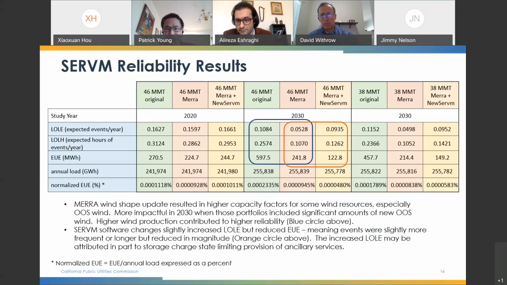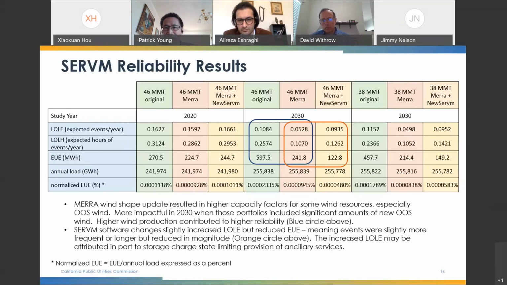So I'm going to focus in on the numbers that I've circled in the table. The wind shape update, as I mentioned, had higher capacity factors for wind resources, especially out-of-state wind. And this is easily observed in 2030, when the portfolios in 2030 included significant amounts of out-of-state wind.